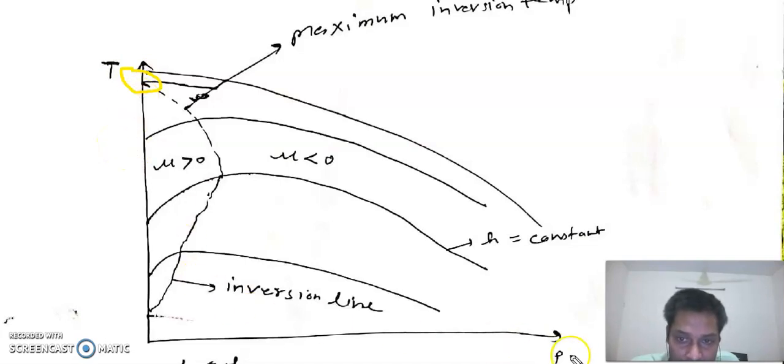This is the point at which the pressure is 0 and this inversion line touches the y-axis. So this is the maximum temperature above which the temperature reduction effect cannot be observed due to the throttling process. And that's why it is called the maximum inversion temperature, above which the throttling effect is not observed for temperature reduction.